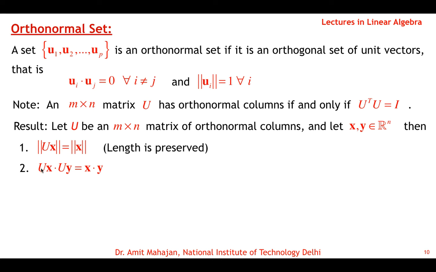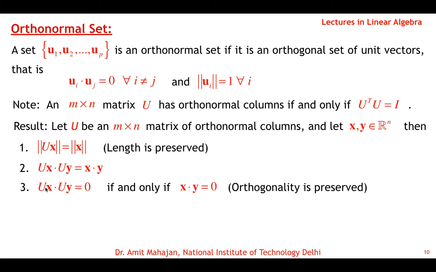Second, Ux dot product with Uy: the transformed vector of x dotted with the transformed vector of y is the same as the dot product of the original vectors x and y. And also, the left hand side is 0 if and only if the right hand side is 0.